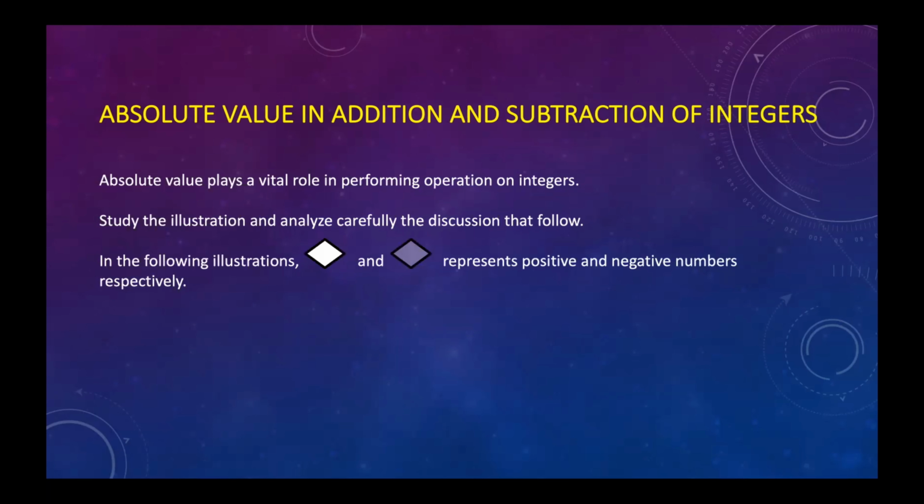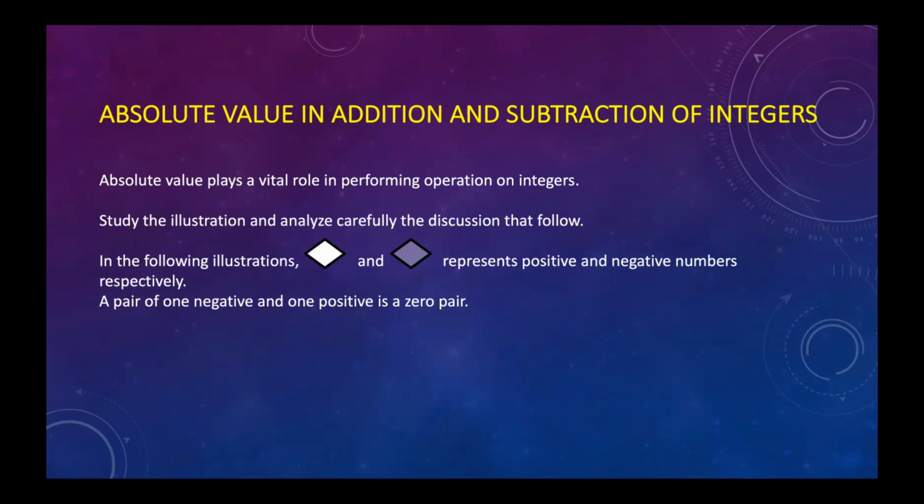Okay? In the following illustration, the diamond na may white shade represents the positive. And the diamond with the darker shade will represent the negative numbers. Okay? So, a pair of one negative and one positive is a 0.